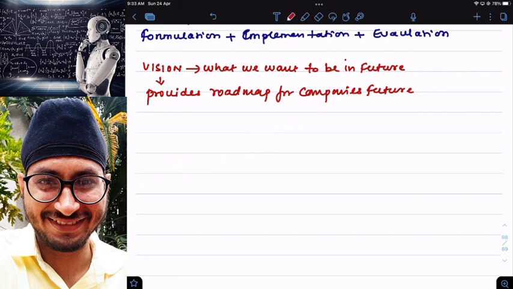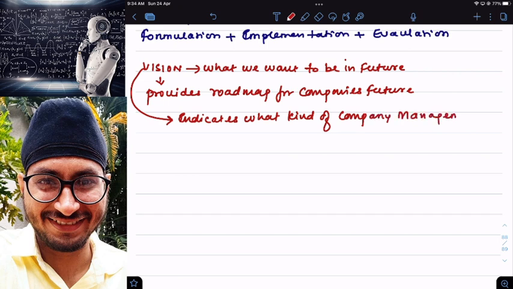I can also say that vision indicates what kind of company management is trying to create.